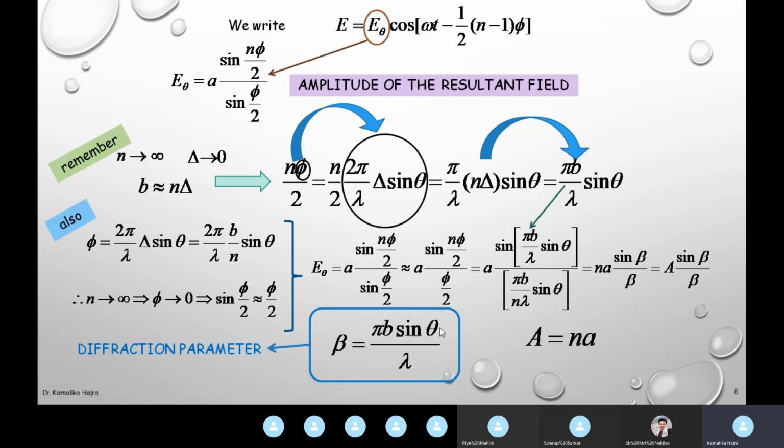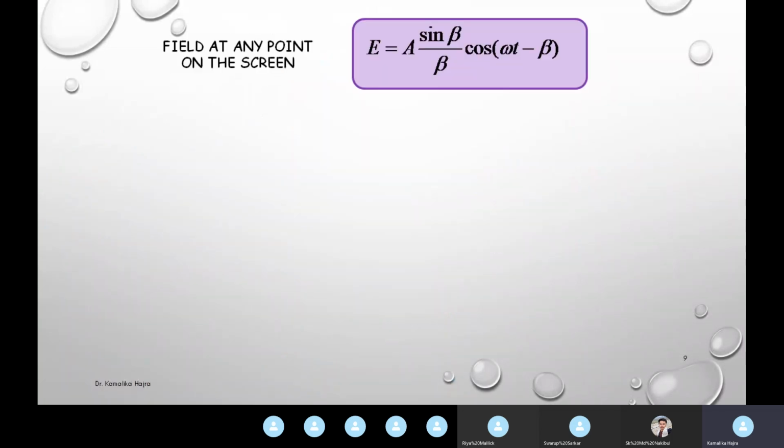So it will only depend on the value of theta, the angle at which the ray has been diffracted. That will decide the nature of the field at the point P where the diffracted rays have superposed. Clear? So that is why the only deciding factor over here for a particular setup is the angle at which the ray has been diffracted.